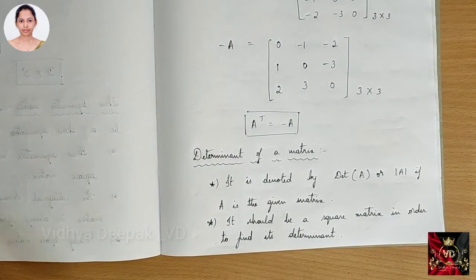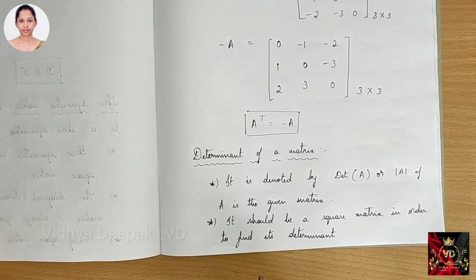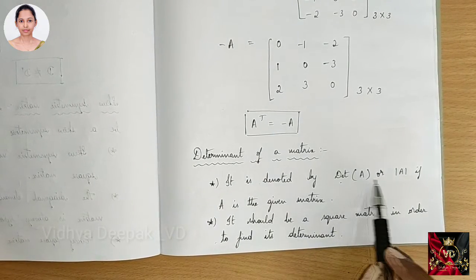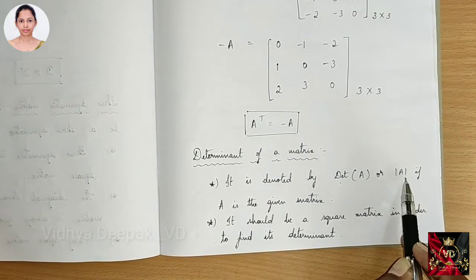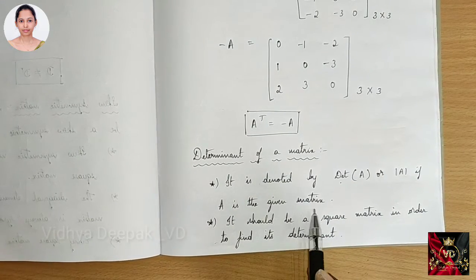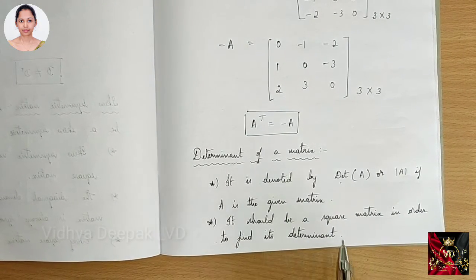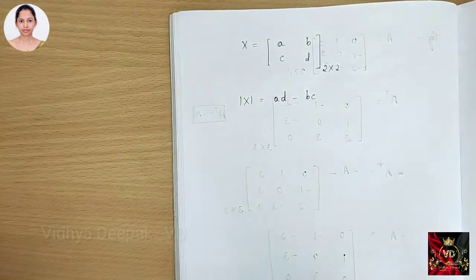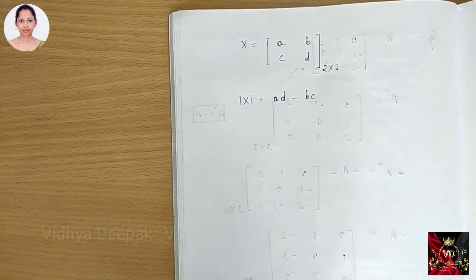Now let's see what the determinant of a matrix is. It is denoted by determinant of A, or mod A, if A is the given matrix, and it should be a square matrix in order to find its determinant. So let's see generally.